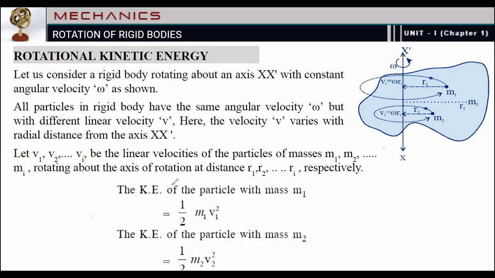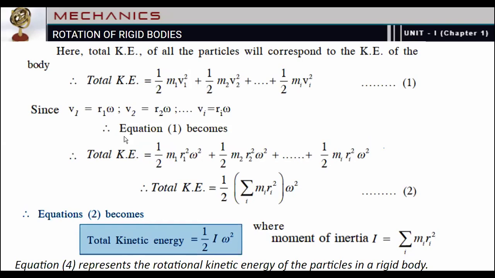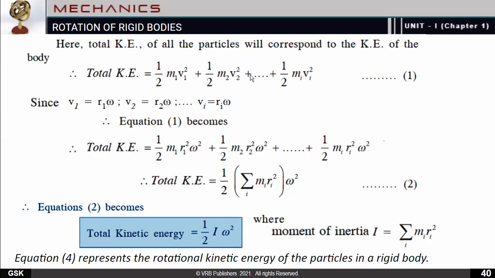For the second particle, half m2 v2 squared. For the ith particle, half mi vi squared. So the total kinetic energy is half m1 v1 squared plus half m2 v2 squared and so on, plus half mi vi squared. Let it be equation number 1.